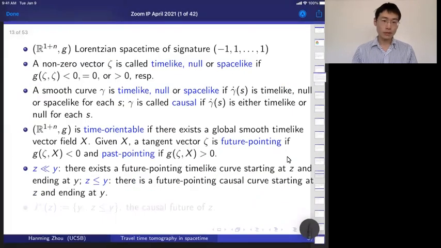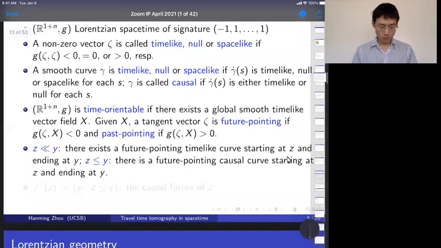Given any two points in this space-time, they represent two events. We use the notation z much less than y to mean that y is in the future of z, that is, there exists a time-like curve from z to y. And we use the less-than-or-equal sign to denote that we can find some causal curve from z to y.